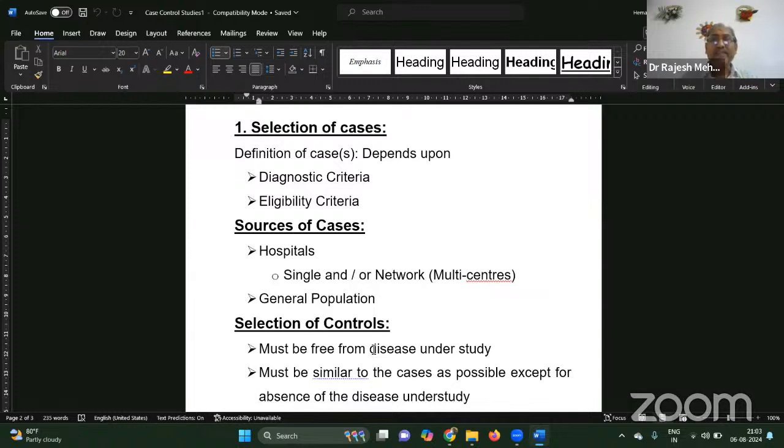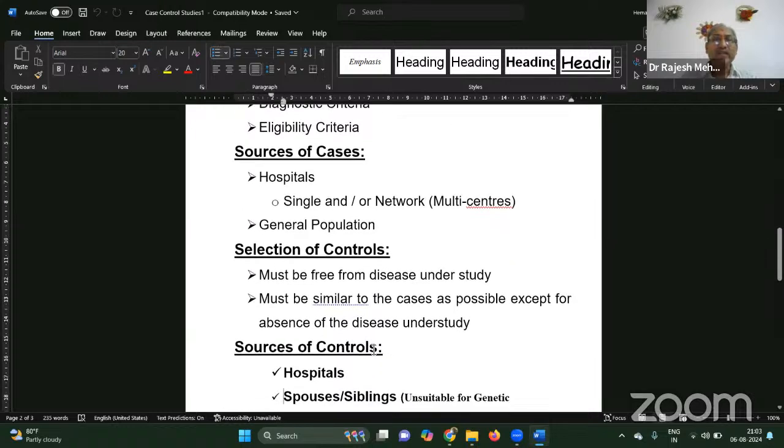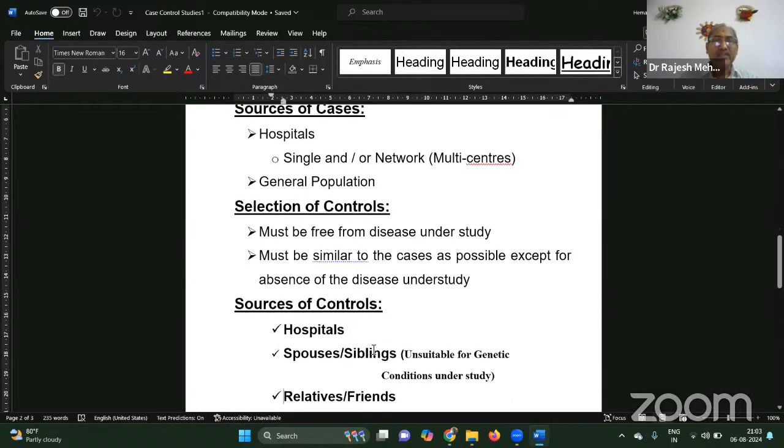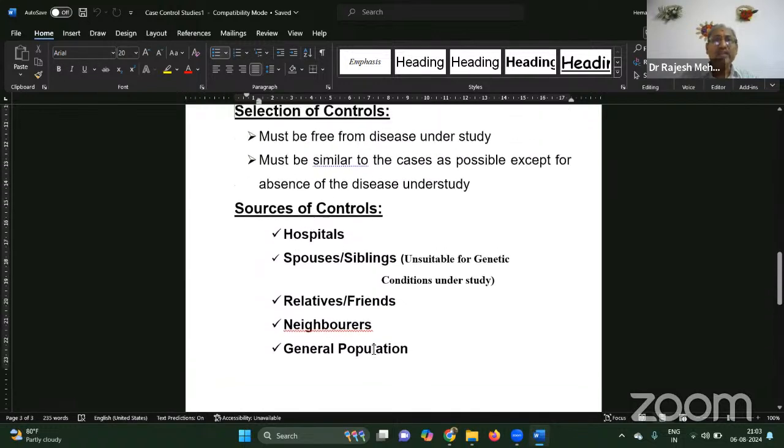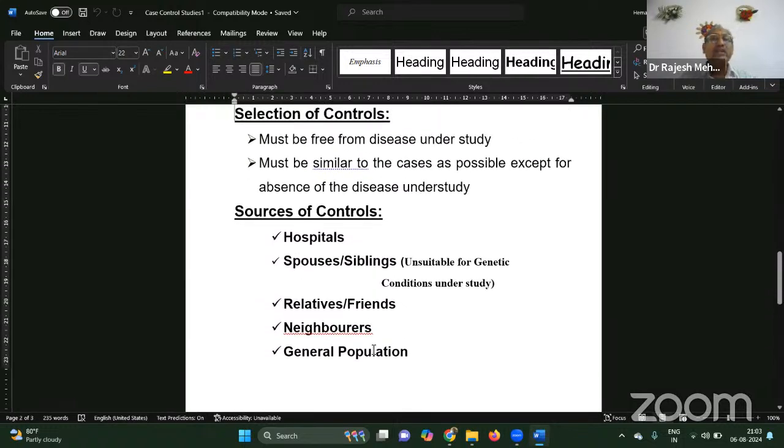Go for the eligibility criteria, a specific age group, or there should not be other diseases together. You get them from the hospital or general population, and when you select the control, it doesn't mean that they cannot have other diseases, but that same disease they should not have. That is very important, right? And the rest of the things are almost the same.